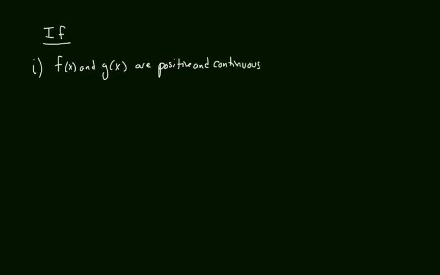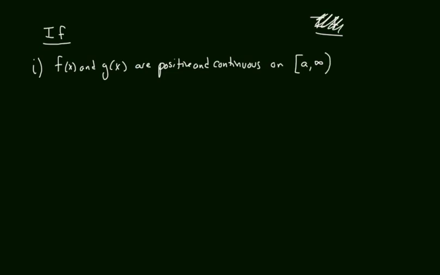Now, the way I'm writing, I'm not going to be able to fit my other if over here, but if you write small enough, you can fit them both on the same page. So, f of x and g of x are positive and continuous. Let me add to that on some interval a to infinity.